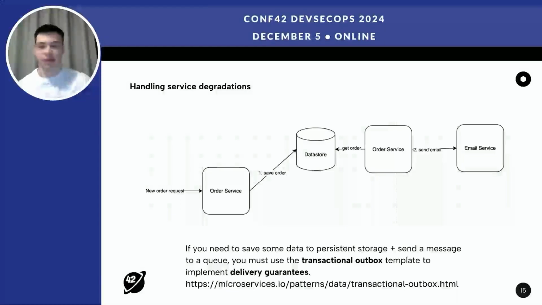And for that purpose, the transactional outbox pattern is the best. And if you're working with very important data, maybe with finances or personal data, this is the kind of pattern that must be used. Otherwise, you will face some unpleasant consequences.